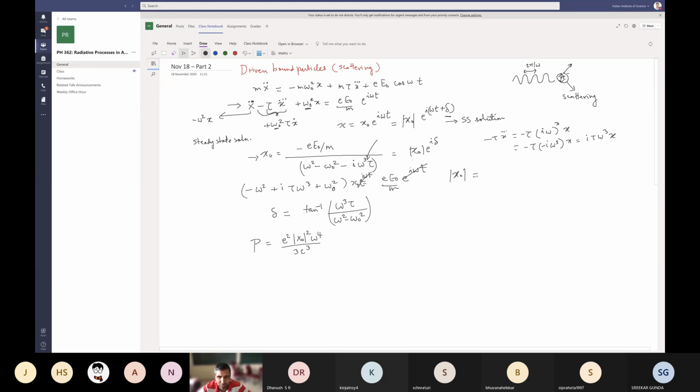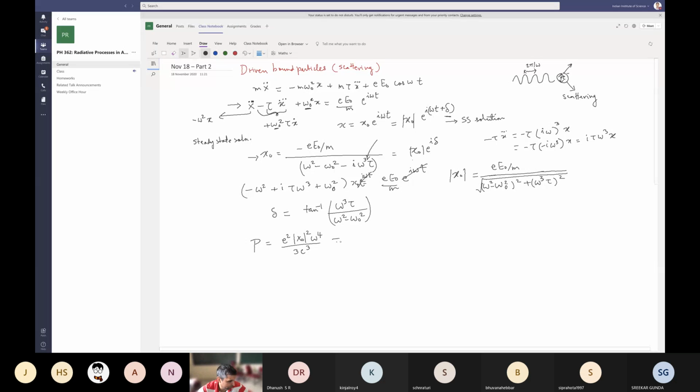The x naught amplitude is equal to E naught by m divided by the square root of omega naught squared minus omega squared, all squared, plus omega cube tau squared. So this is the amplitude of x naught. We need the square here, so that is fine.